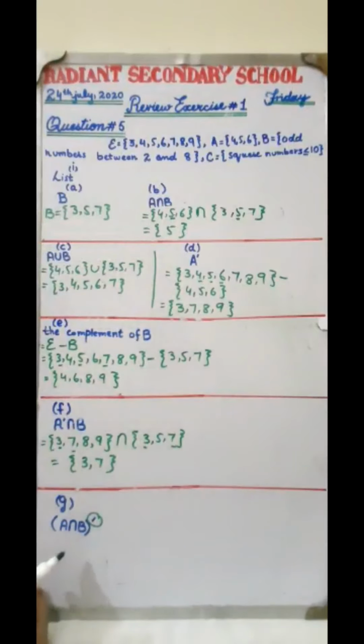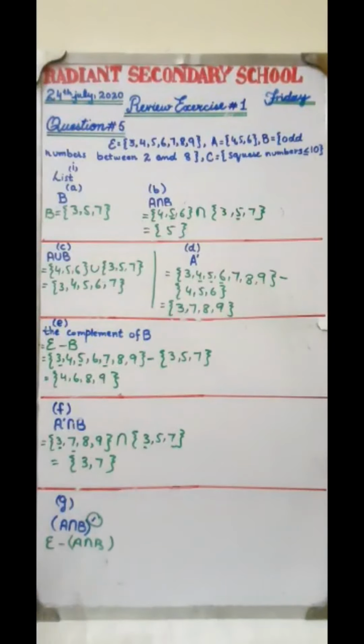We have to find the complement of A intersection B. So universal minus A intersection B. In the place of the universal set you have to write the universal set.